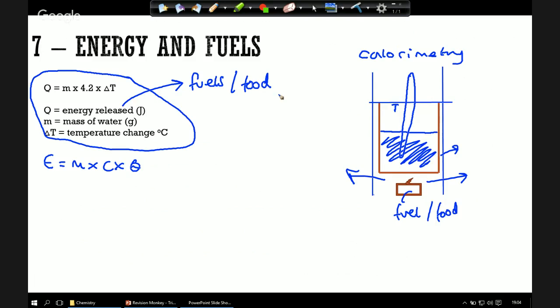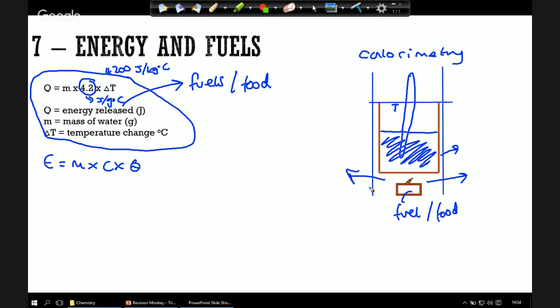What they tend to give you is the specific heat capacity of water. You might have seen that as 4,200, that's in joules per kilogram degrees Celsius. This one is in joules per gram degrees Celsius. So you might see it either way, but they'll give you that value, and then you need to have a look at the question to work out the energy change.